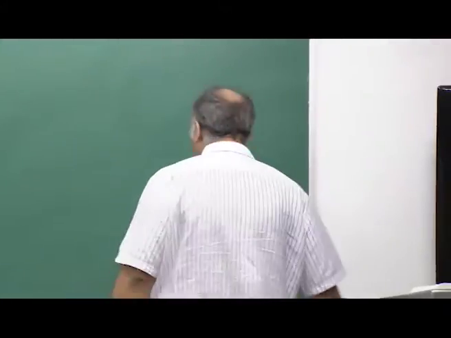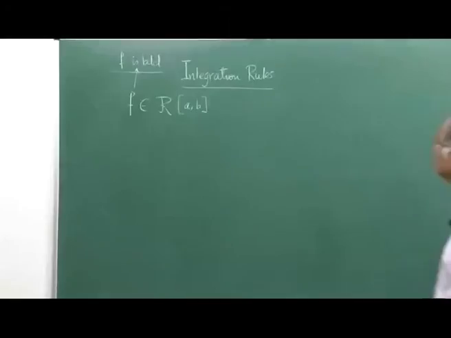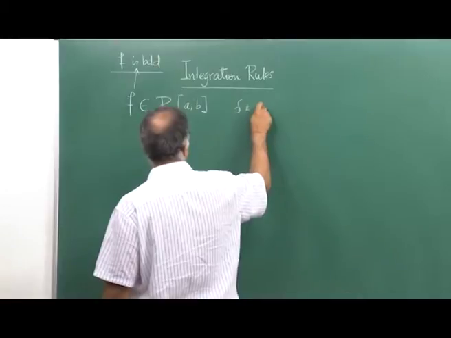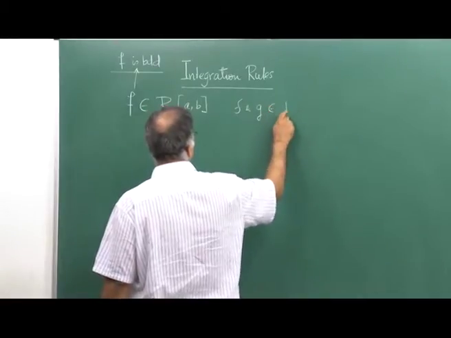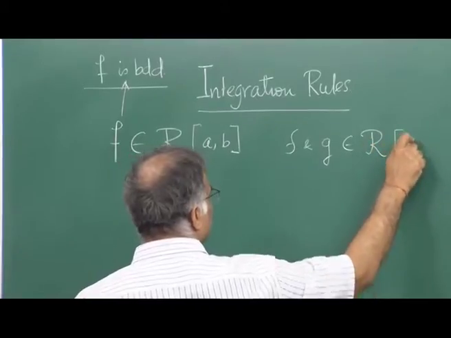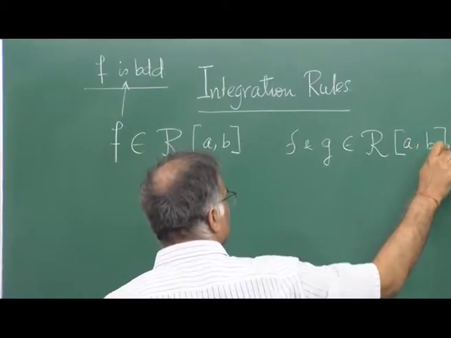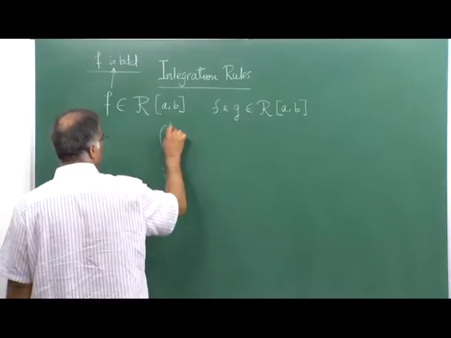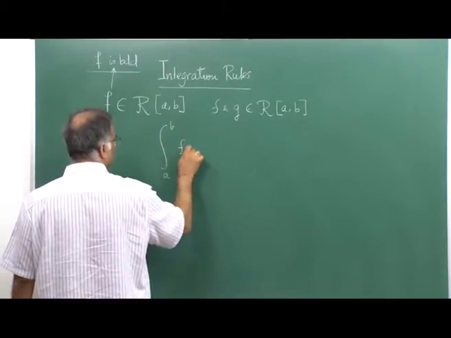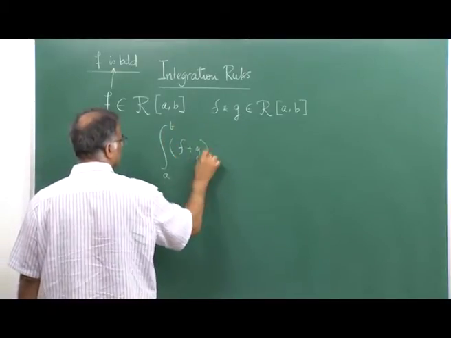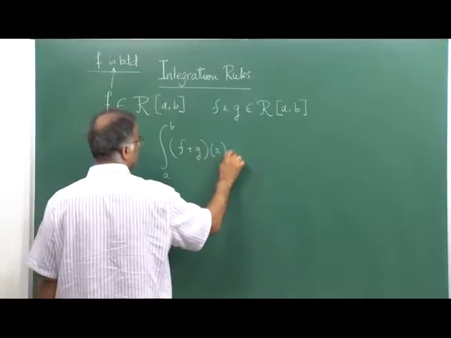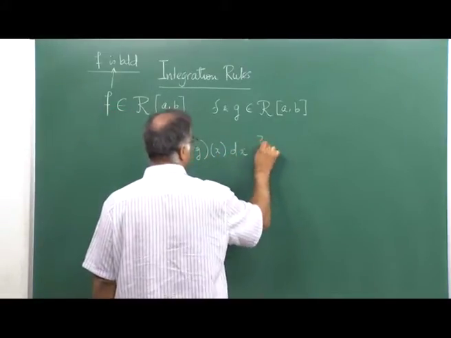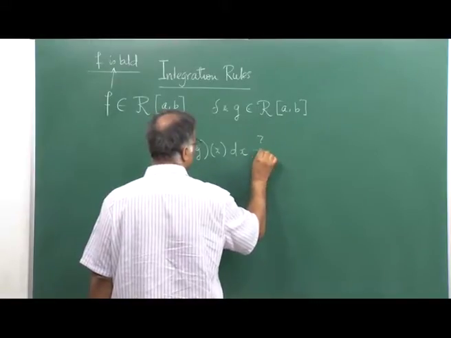Now, if f and g both are in R[a,b], what is the relation between these two numerical quantities? Here the integration is in the Riemann sense.